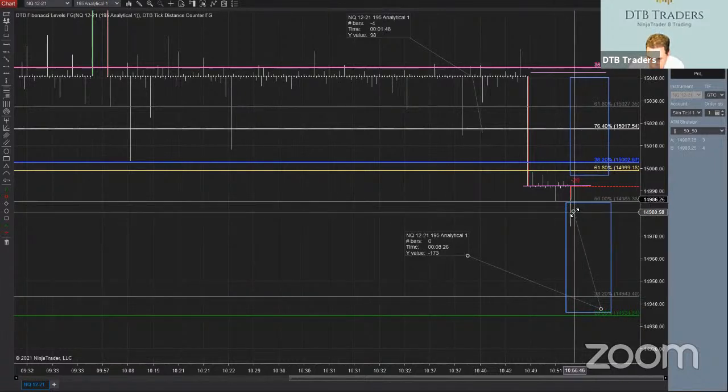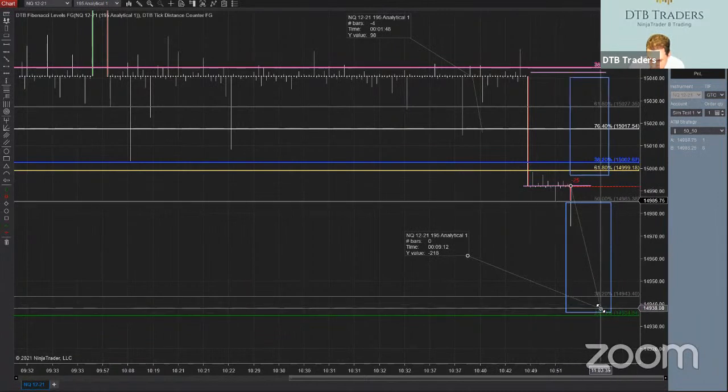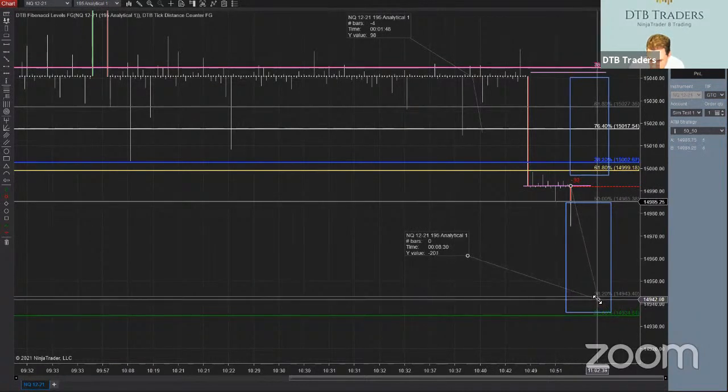Let's have a look. So 200 ticks is about over, it's just on this 38.2.